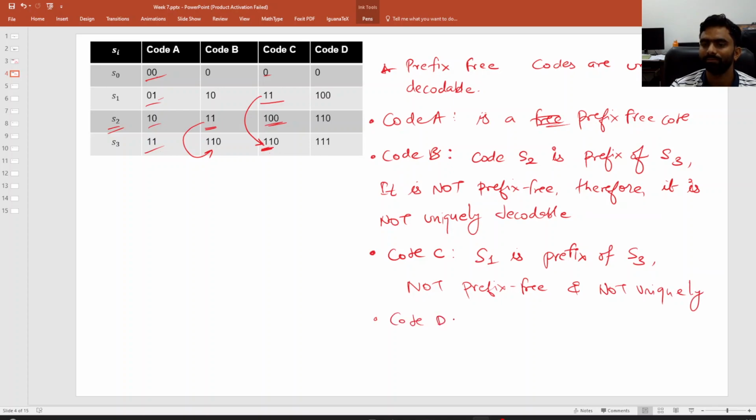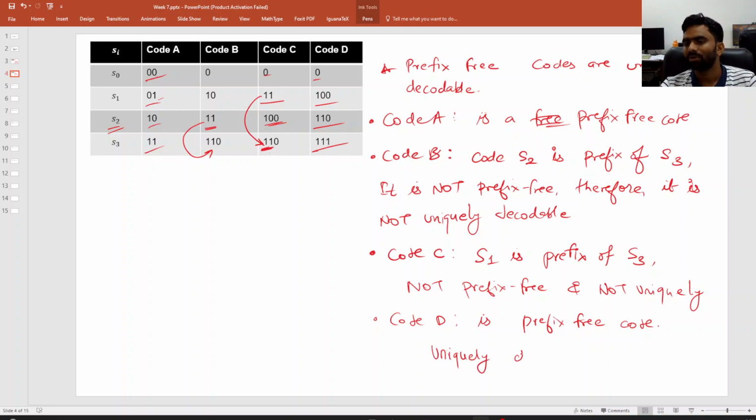Similarly, code D. 0 is not a prefix of any other code. This is also not, this is also not, this is also not. So code D is prefix free, therefore uniquely decodable.